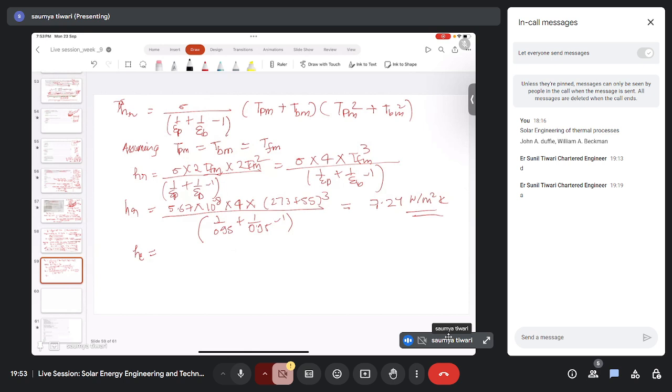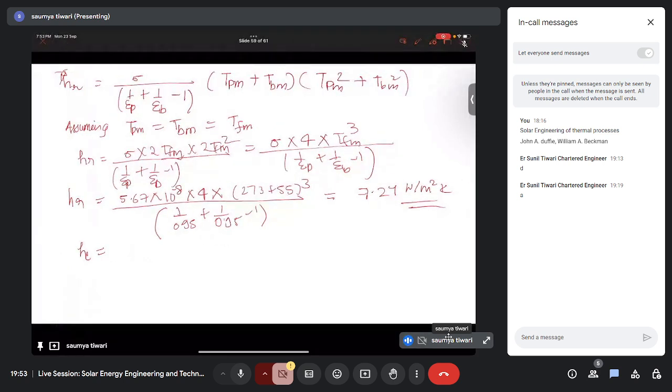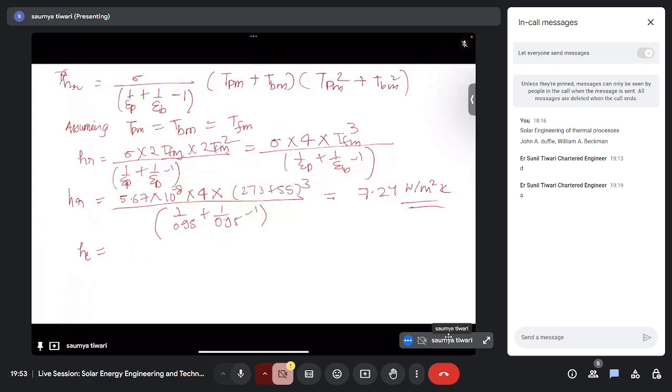The formula is HFP plus HR times HFB upon HR plus HFB.